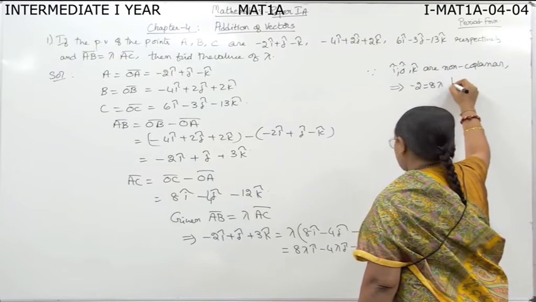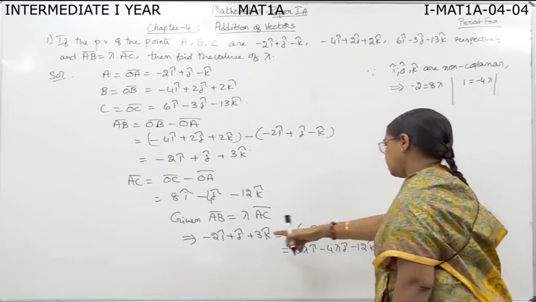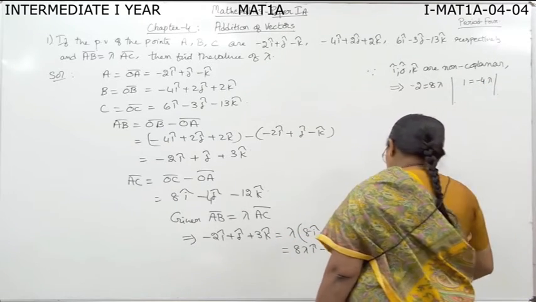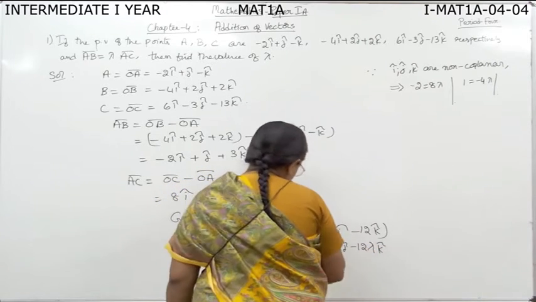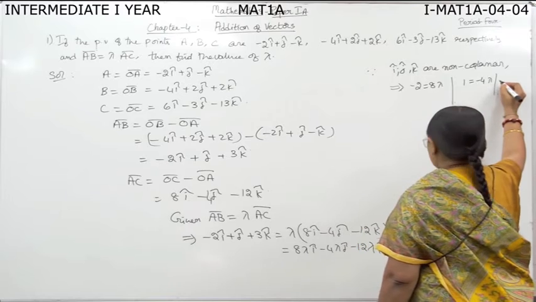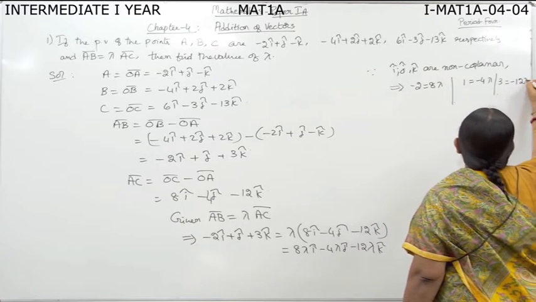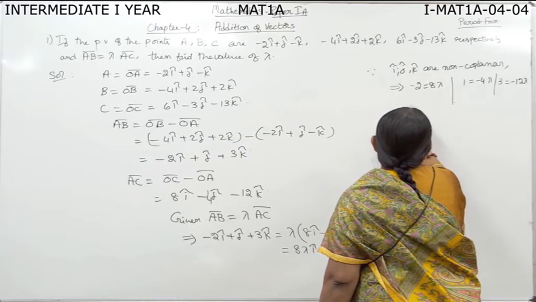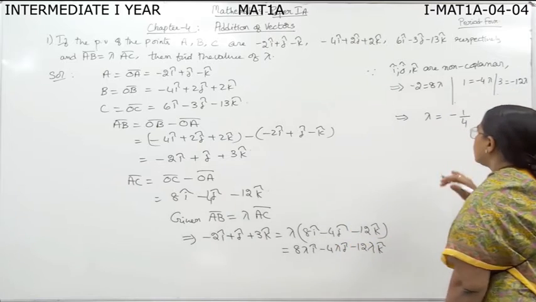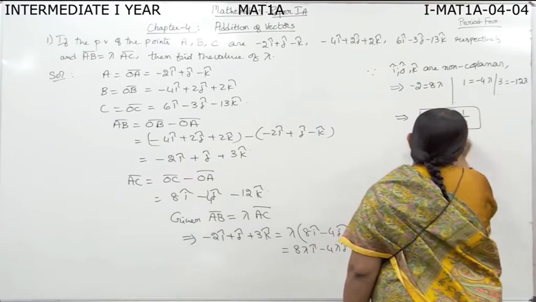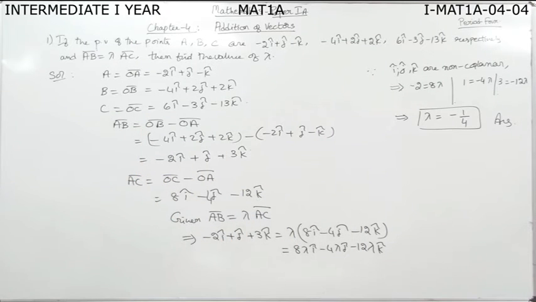You can take any one, or you can take 1 is equal to minus 4 lambda, or you can take 3 is equal to minus 12 lambda. Any one is enough. From all three equations you will get lambda as equal to minus 1 by 4. So this is your answer. Like this we do this problem. Okay.